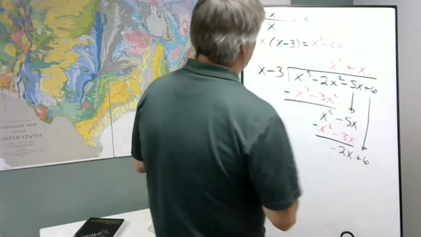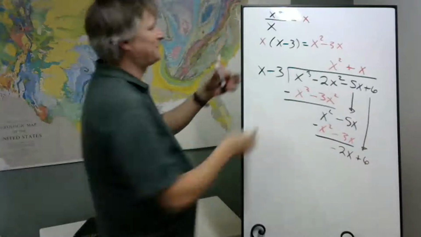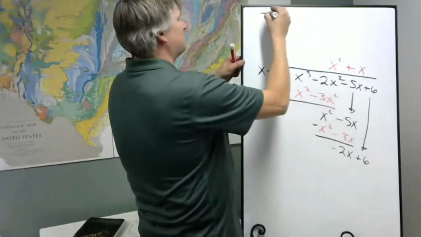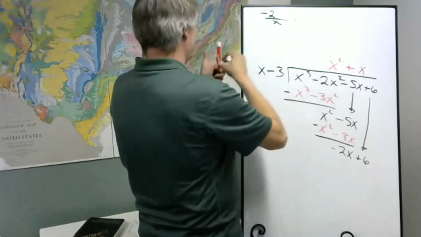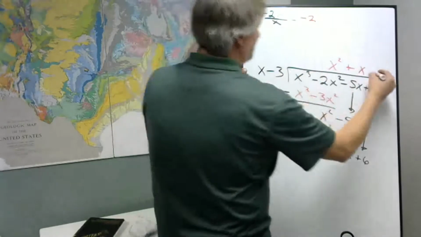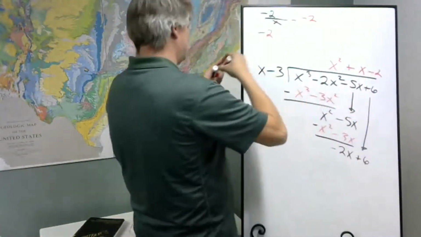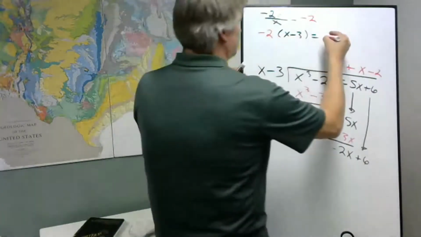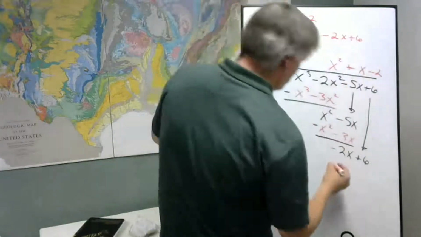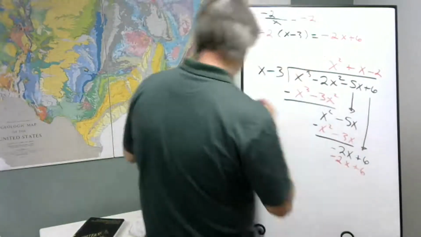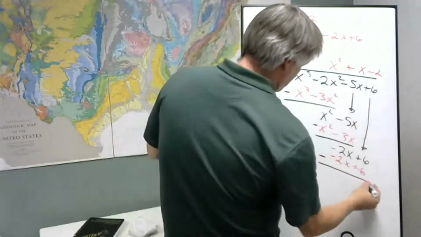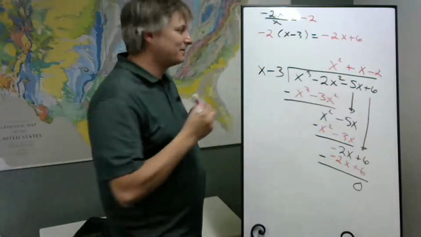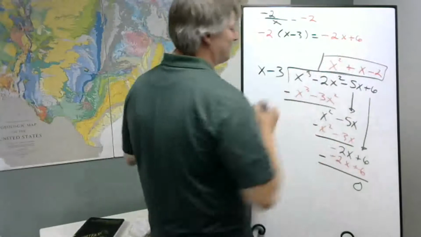Bring down the +6. And that's our second cycle of division. So again, -2x, lead term, divided by a lead term. And so we get 0. So there's no remainder, there's nothing else to bring down. So this is going to be our answer.